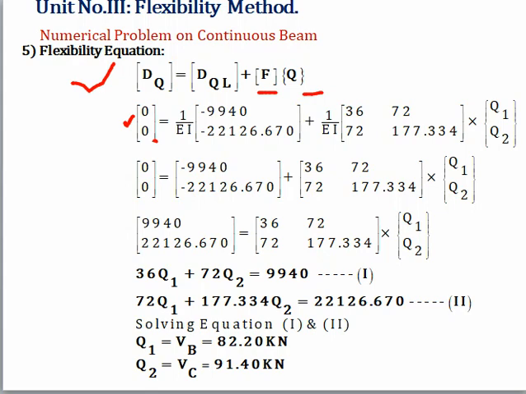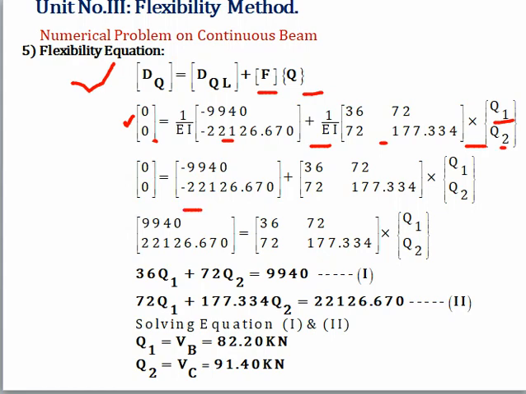So their values are 0, 0, is equal to 1 upon EI times minus 99540 and minus 22126.670, plus 1 upon EI times the flexibility matrix 36, 72, second row 72, 177.334, into the unknown redundant forces Q1 and Q2.